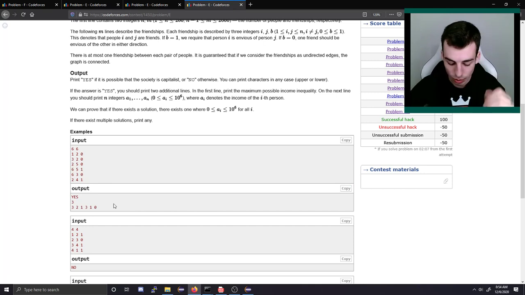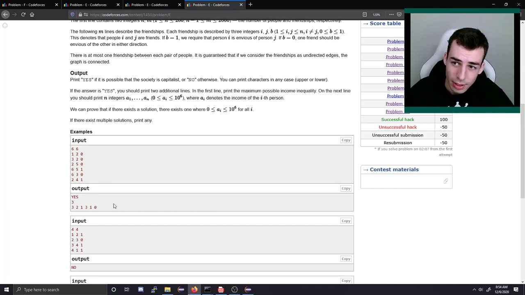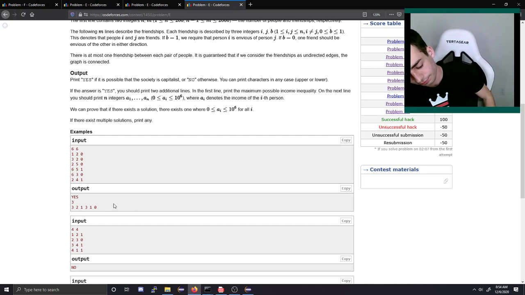So now we have a solution. Yeah, does that always work? I think that always works. We're only incrementing things when we're forced to. I think that won't be an issue.